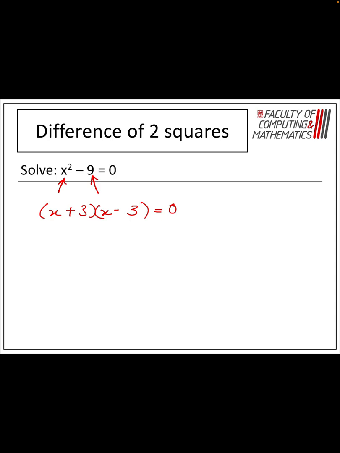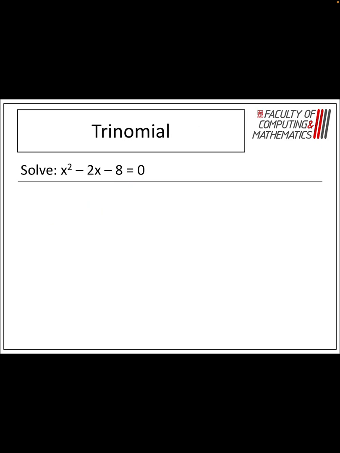Just like we did before, we're going to split it off, because one or both of them have to be 0 for the equation above to be true, and then balance the equation. So this graph cuts the x-axis at x is equal to negative 3 and x is equal to 3.